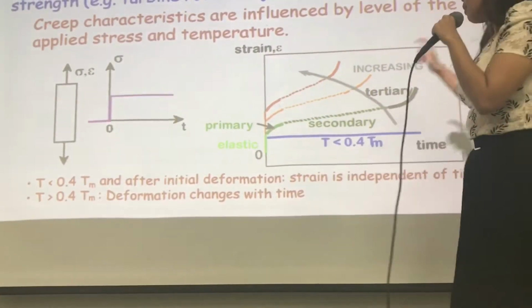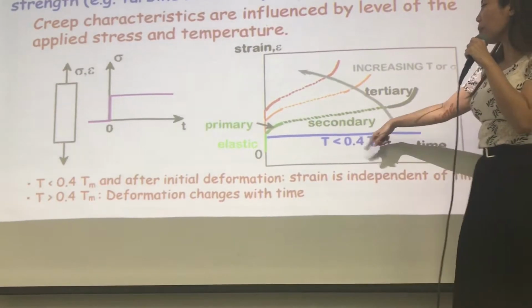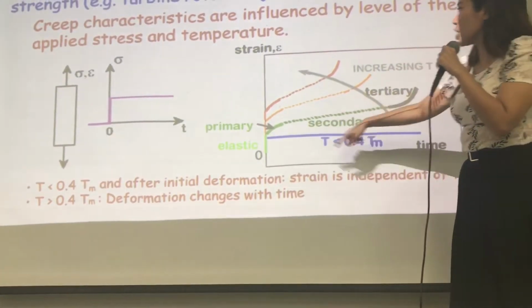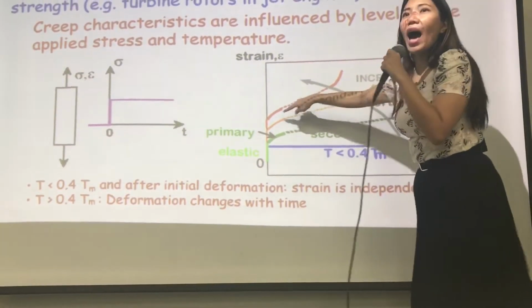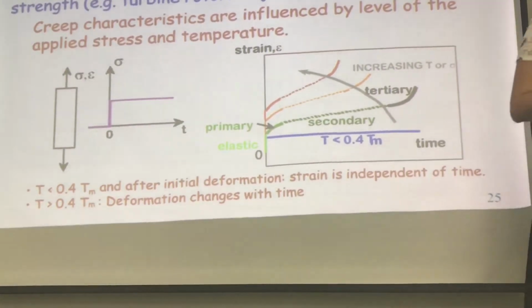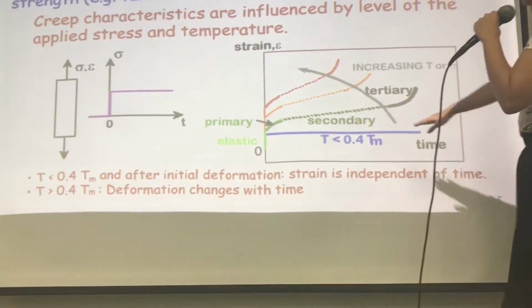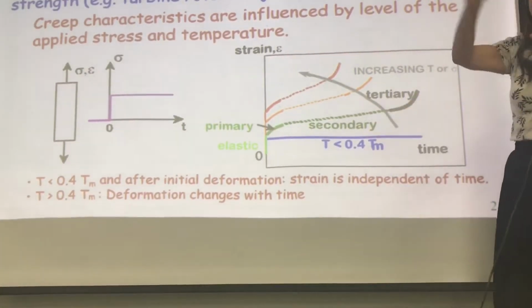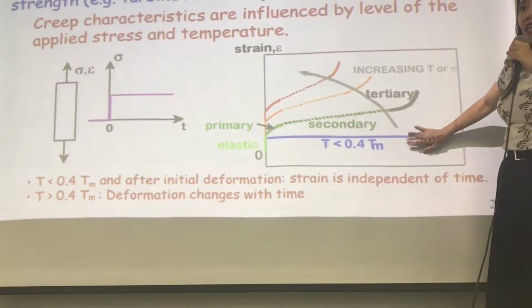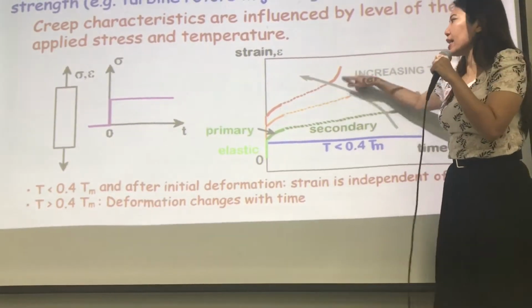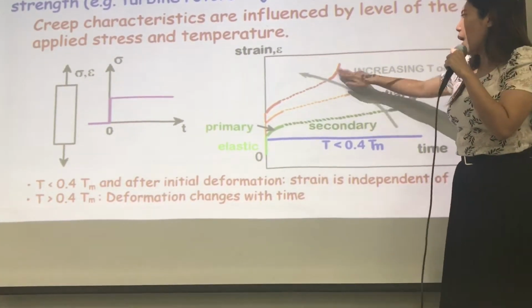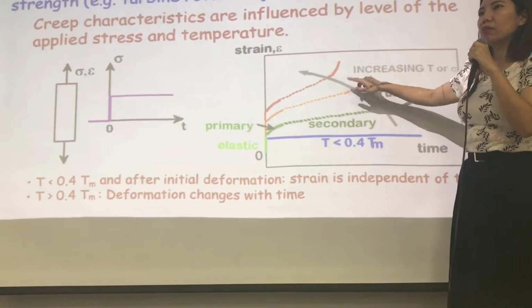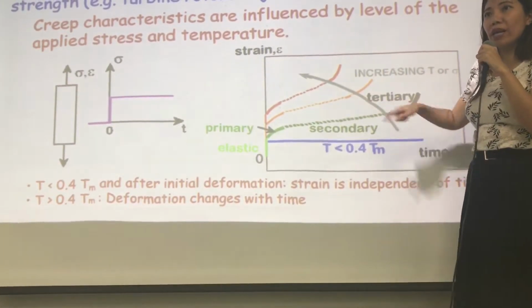How about this? When the temperature is higher than 0.4 of the melting temperature, the creep curve will look like that. Okay? So right now we have 3 colors. This 4th color, you don't need to worry about, because it means there is no creep occurring right here. So in this case, red, orange, and green.